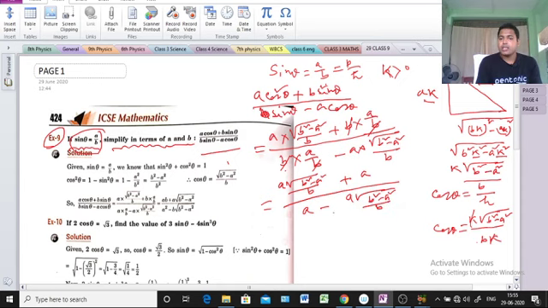Clear? Now see, here nothing is there, means 1 is in the denominator. Here also nothing is there, means 1 is there.